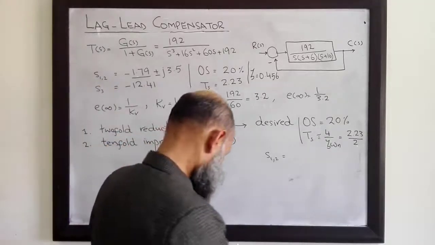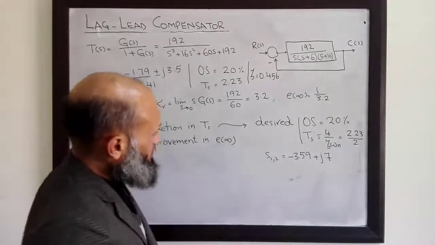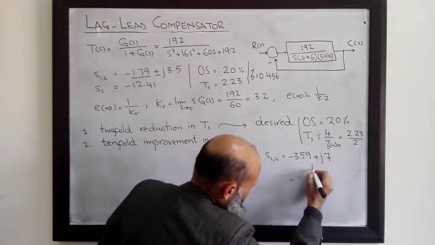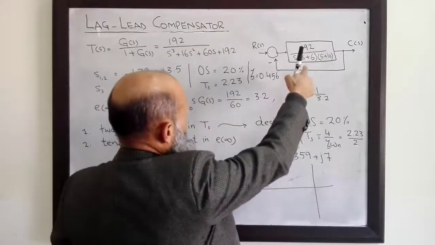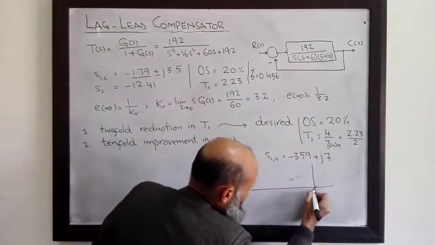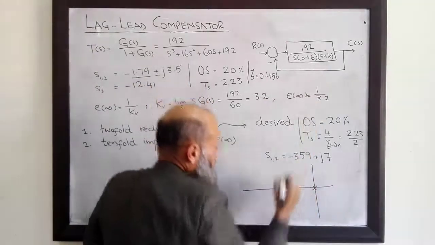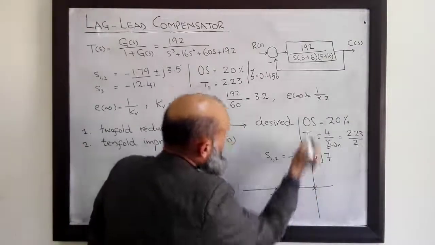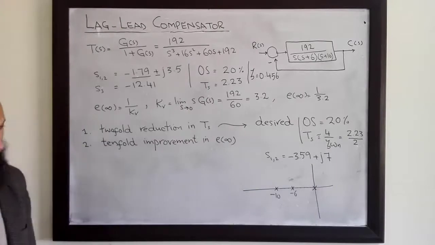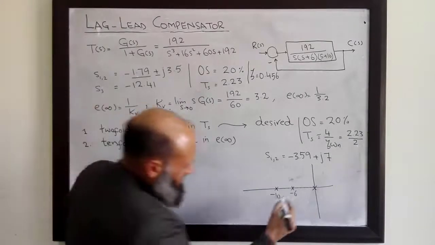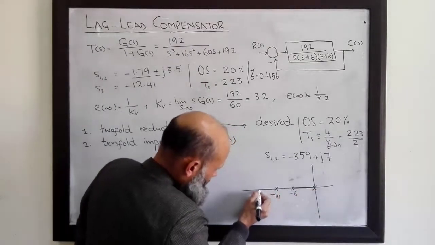If we sketch the root locus for the actual system, it is given by this graph. We have one pole at origin, another pole at s equal to -6, and a pole at s equal to -10. Root locus can be sketched for this system. We can see that this is part of root locus, this is part of root locus.